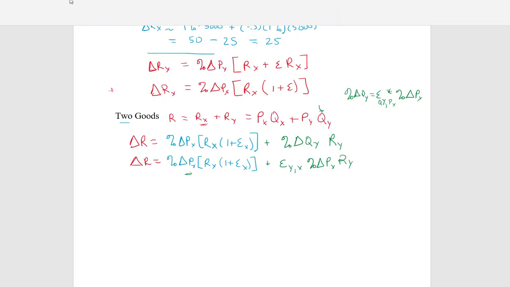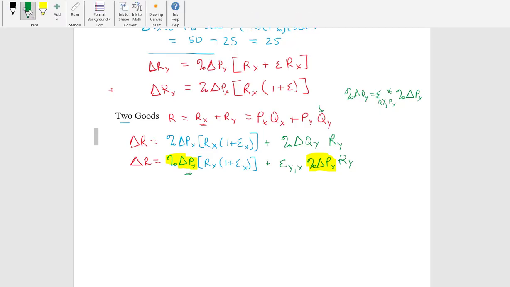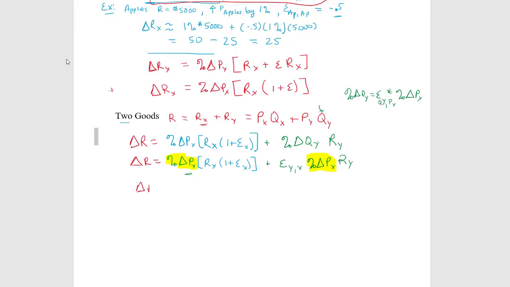There is a common piece here, right? We see the percentage change in the price of X over here, the percentage change in the price of X over here. So I can factor that out, and my change in revenue becomes the percentage change in the price of X, big parentheses, the revenue of X times 1 plus the elasticity of X with regard to its own price, plus, what do I have left over here?